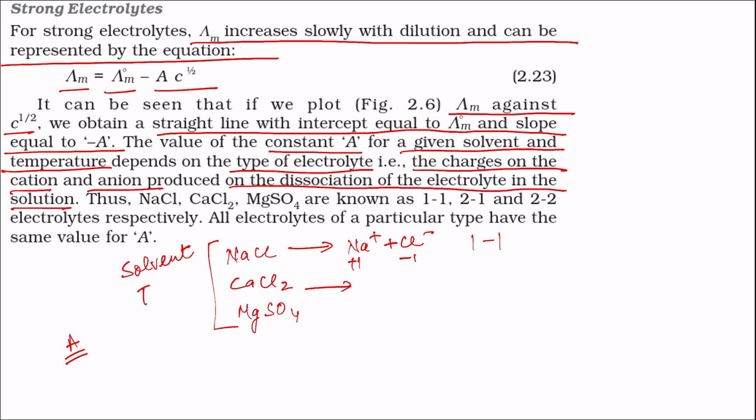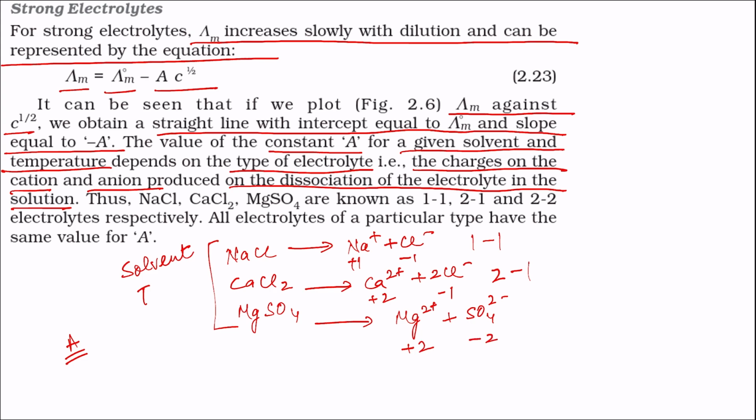Calcium chloride dissociates to give Ca2 plus and 2Cl minus. Each calcium ion has a +2 charge and each chloride ion has a -1 charge. So the type of electrolyte is 2-1, or 2,1 type electrolyte. Magnesium sulfate dissociates to give Mg2 plus and SO4 2 minus ions, the magnesium ion with +2 charge and the sulfate ion with -2 charge.